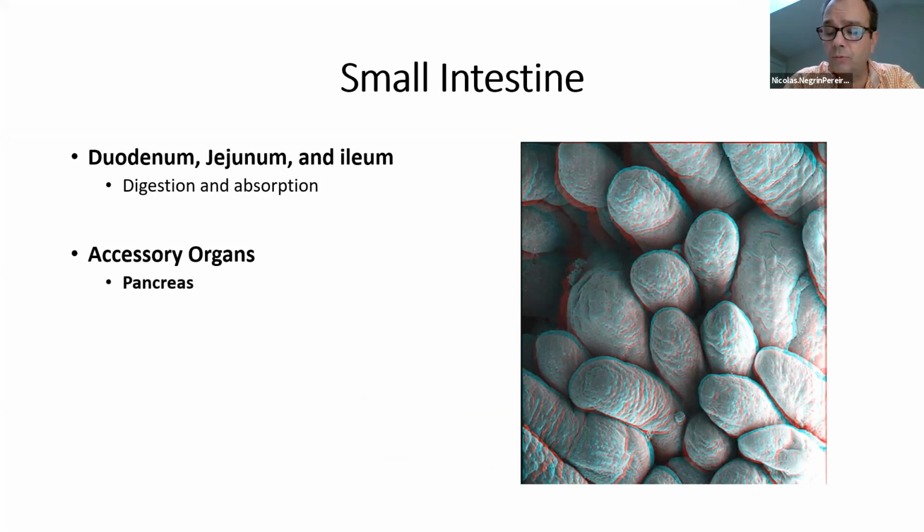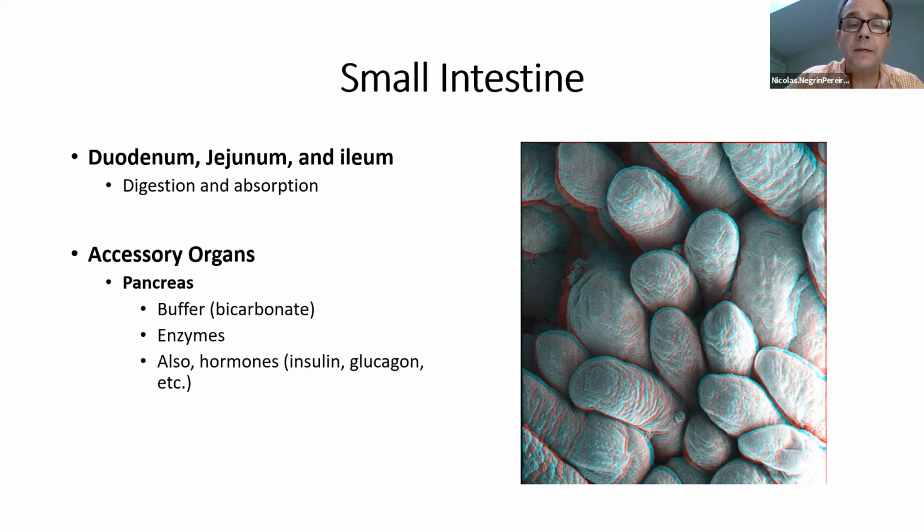By accessory glands, we mainly refer to the pancreas, the gland in charge of secreting mainly buffers, which are fundamental for the control of pH in the different regions of the gastrointestinal tract. Mainly this buffer component is bicarbonate. And then, of course, the pancreas secretes enzymes.